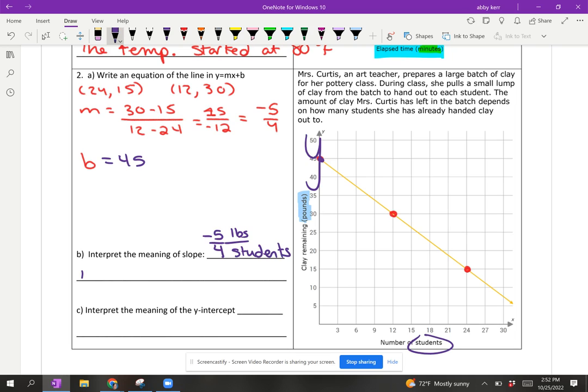So then we write a sentence. You can say the clay is decreasing in size 5 pounds for every 4 students.